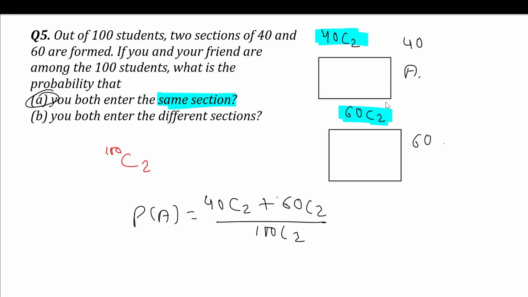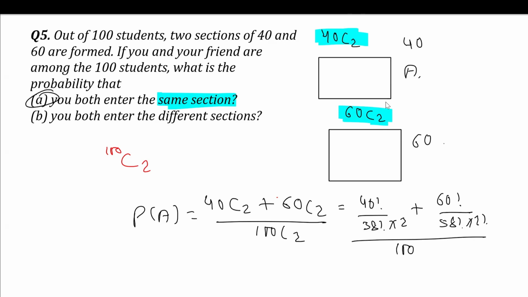40C2 is 40 factorial divided by 38 factorial into 2 factorial, plus 60 factorial divided by 58 factorial into 2 factorial, over 100 factorial divided by 98 factorial into 2 factorial.